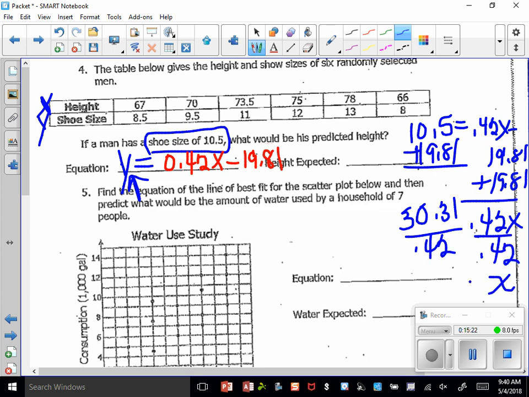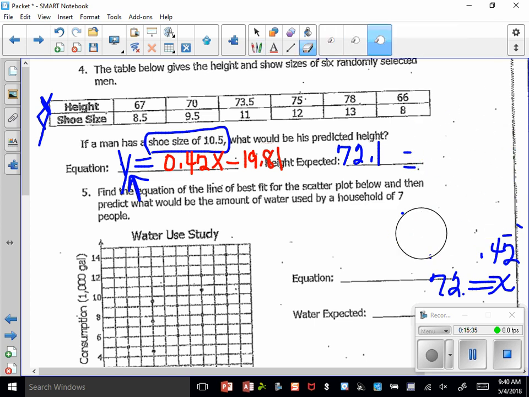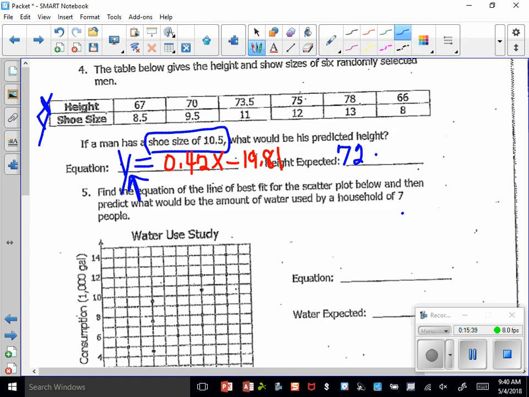Is that right? Yeah. So what do you get? 72.1. All right. So let's just say 72.117 inches. Okay. So can we round that to 0.2? All right, so let's round that to 72.2 inches.